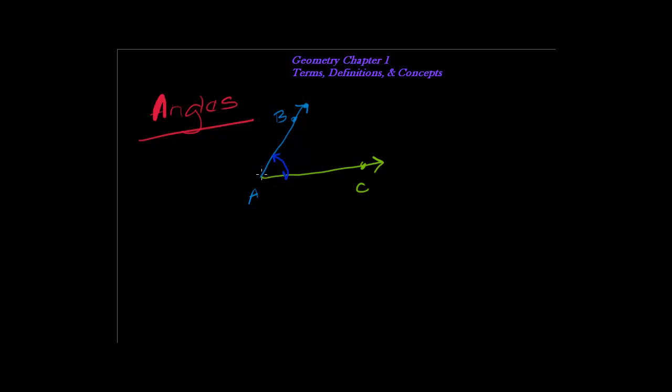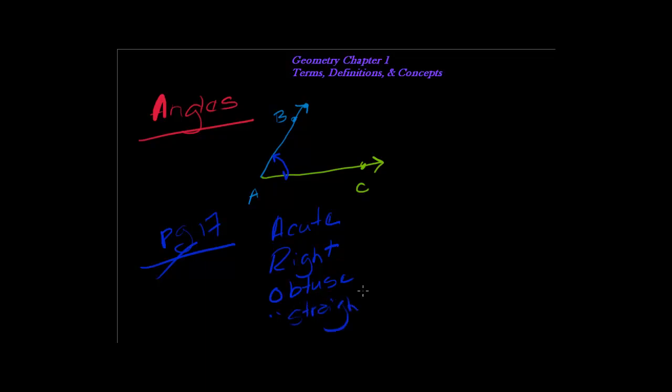And if you look at the bottom of 17, you will see a number of definitions. And they are all important, and they are acute, right, obtuse, and straight. Now, these all basically refer to one type of angle, which is 90 degrees, which is straight up and down.